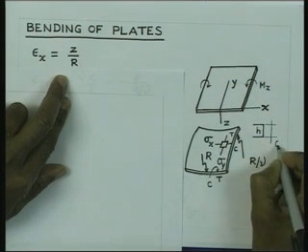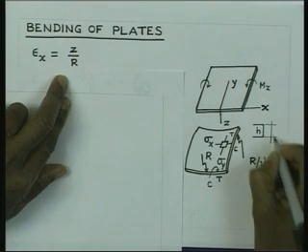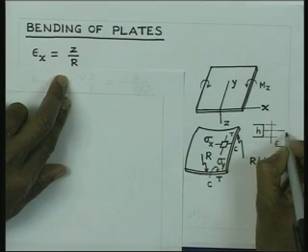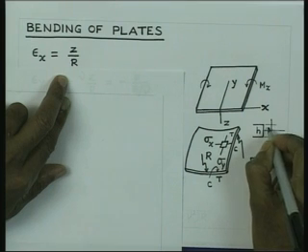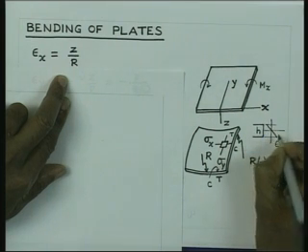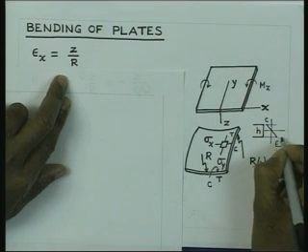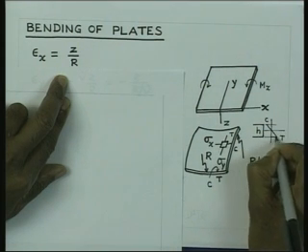So, if we consider epsilon x to be plotted in this direction, so this is my x axis. Then in that case I am going to get tensile strain here, compressive strain there. So, I have this compressive strain and tensile strain at the bottom.